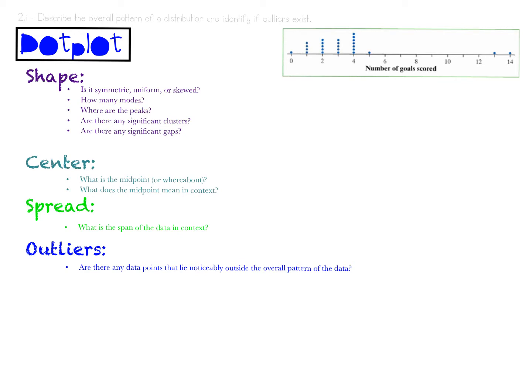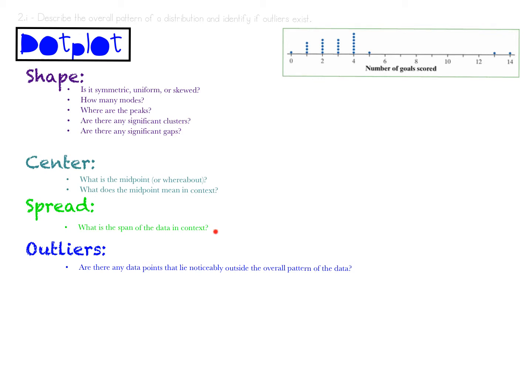So does my distribution go up, go down, and then come back up? Are there significant clusters, and are there any significant gaps? Then when I talk about the center, I'm looking for the midpoint or whereabouts. And again, the center is just an estimation right now. We will come up with an actual formula later. And then what does the midpoint mean in context? So once I find it, what does that mean for that data?